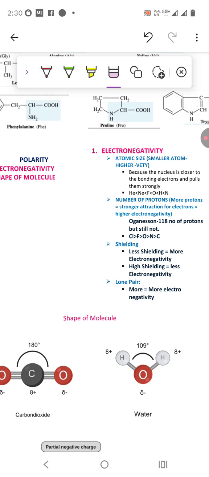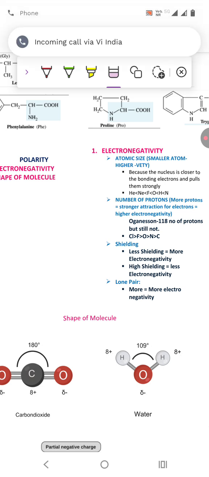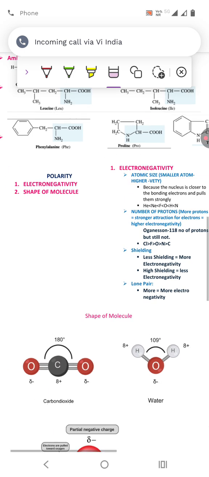If in one atom the outermost shell has 6 electrons, and in another atom the outermost shell has 4 electrons, the one with 6 electrons is more electronegative because only 2 electrons are blocked by the innermost electrons. That's it. Clear? This is all about electronegativity.